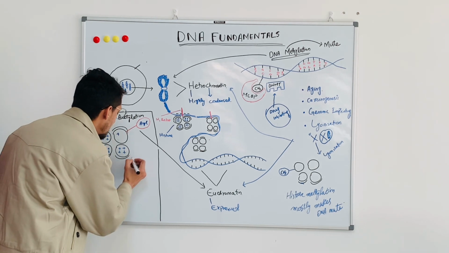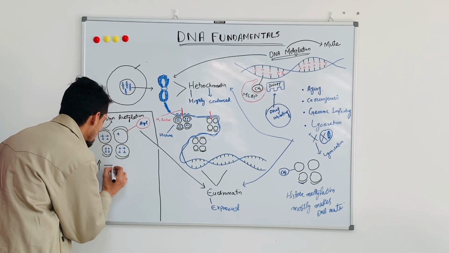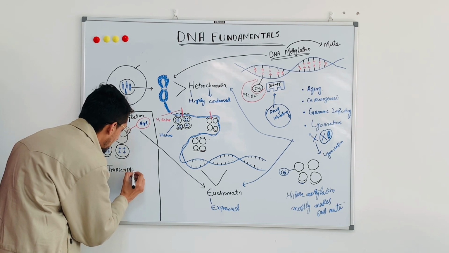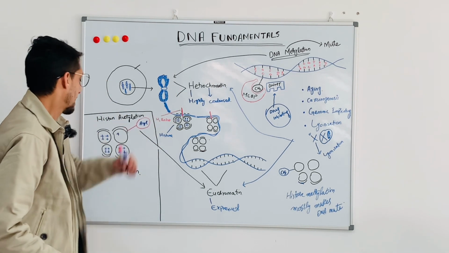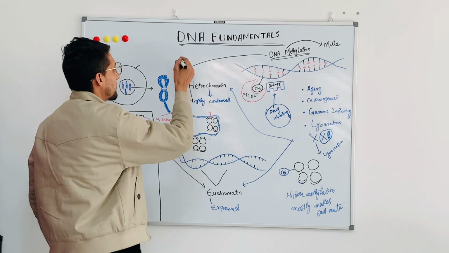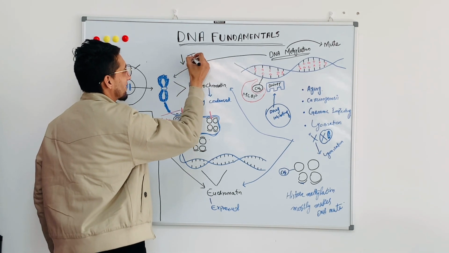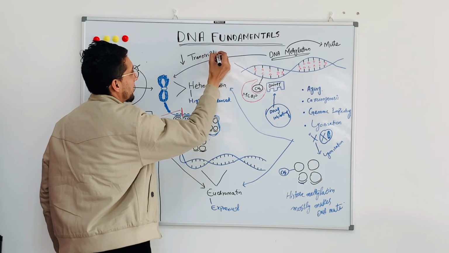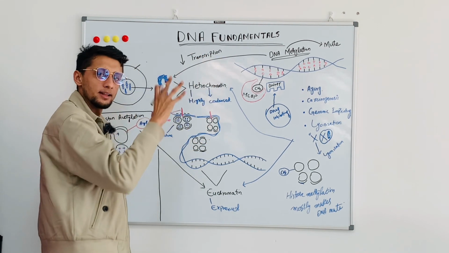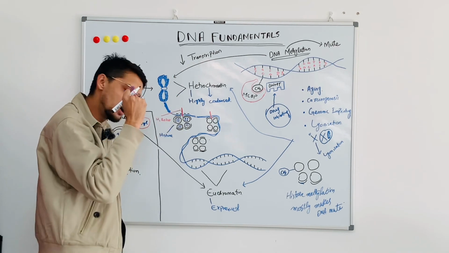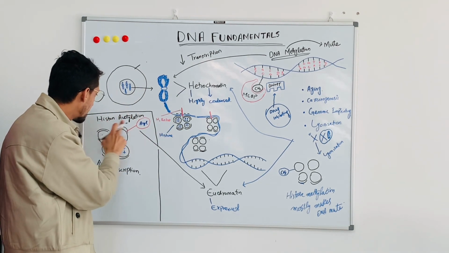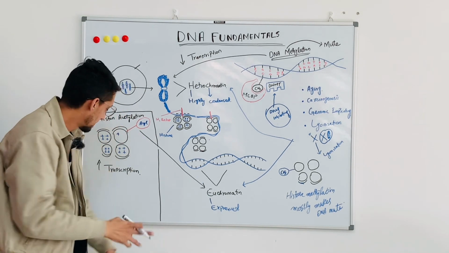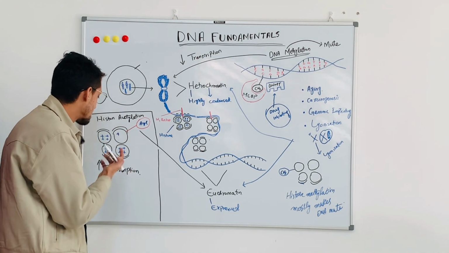So histone acetylation means increased transcription, and DNA methylation means decreased transcription, making DNA more condensed, more compact, more tightened. And histone acetylation is making DNA more expressive, right? And increasing transcription.